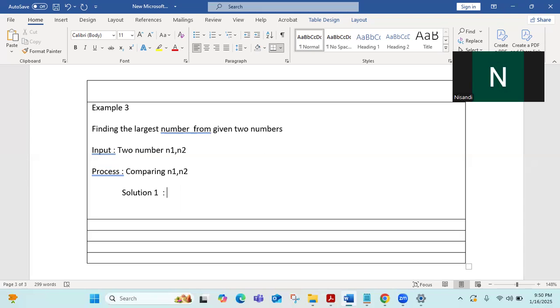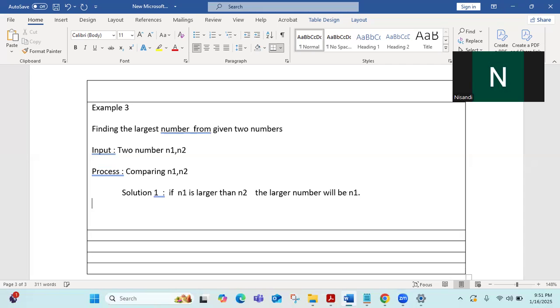If N1 is larger than N2, then we will say the larger number will be N1. In the same solution, we can have another part here.